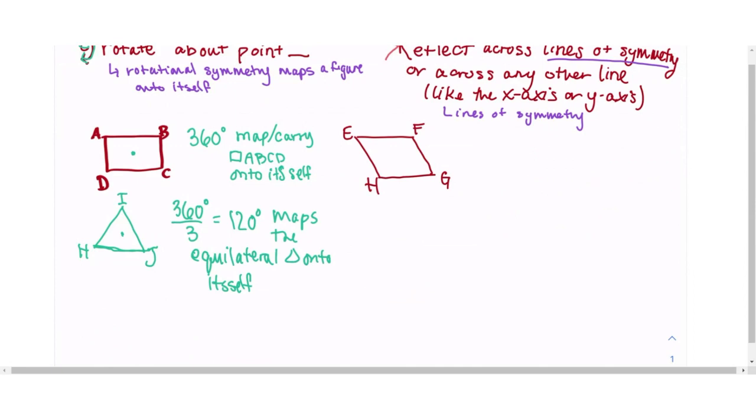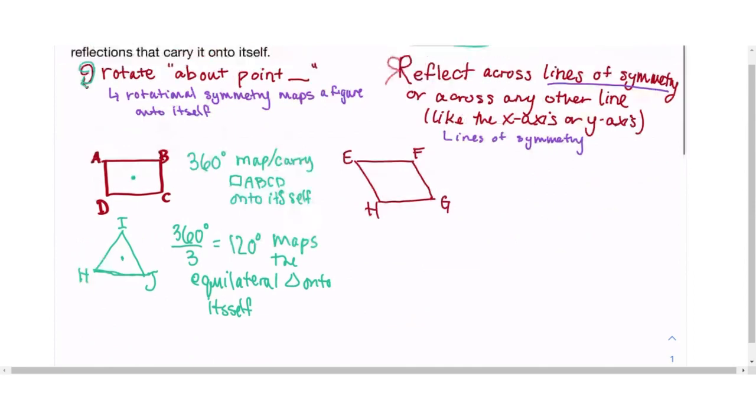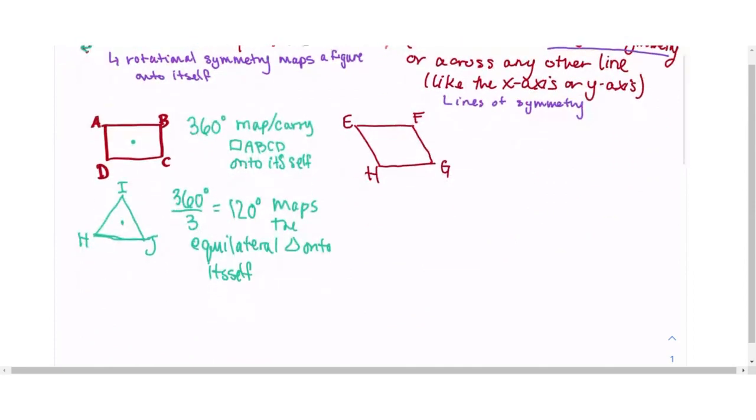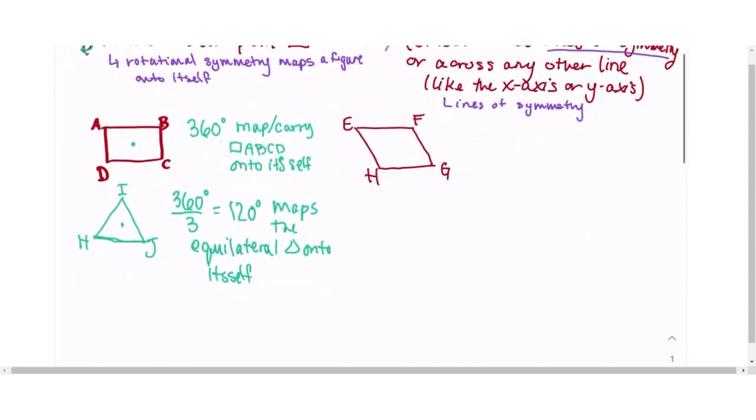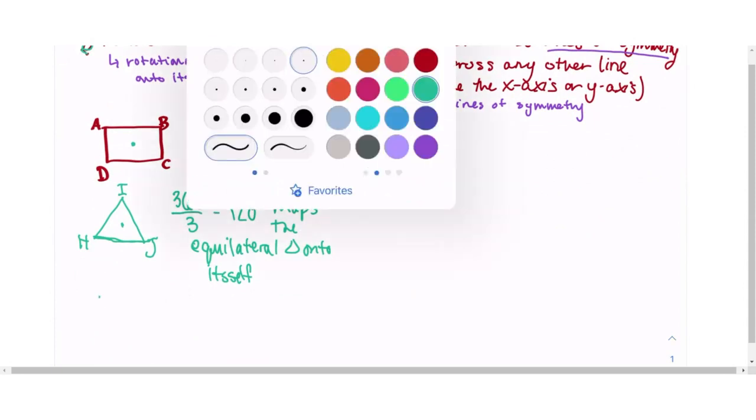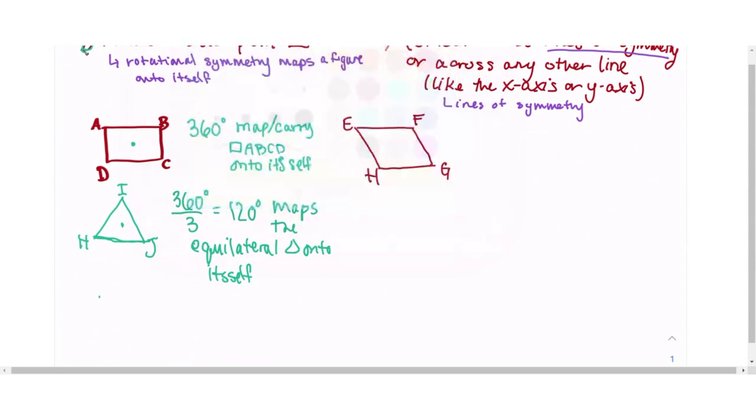Okay, so this is the idea, is it's mapping it onto itself. We could keep on drawing figures, and basically what you're doing is, let me make this fancy rule because this is the rule.